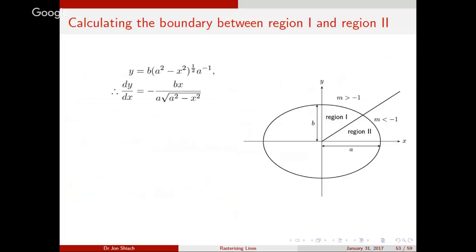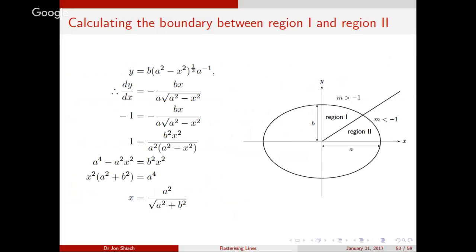If you differentiate that, you need to use a bit of chain rule and a bit of product rule, but eventually you get down to that. Set that equal to -1, and what you want to do is rearrange to get x equals something. A bit of an exercise, but not too difficult.